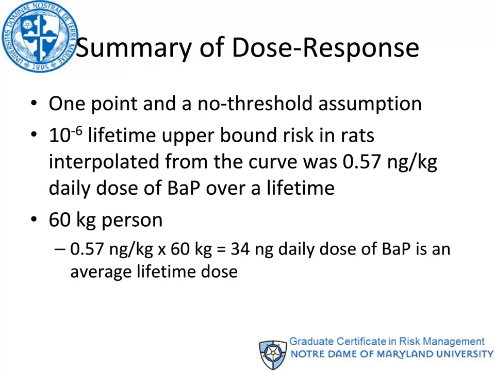If we have a 60 kilogram person, and that was the size of a person used in the Alaskan Peninsula, then 0.57 nanograms per kilogram times 60 kilograms tells us that as long as a person consumes 34 nanograms of benzopyrene daily over a lifetime, or less, their chance of cancer as a result of consuming benzopyrene is smaller than 1 in a million.